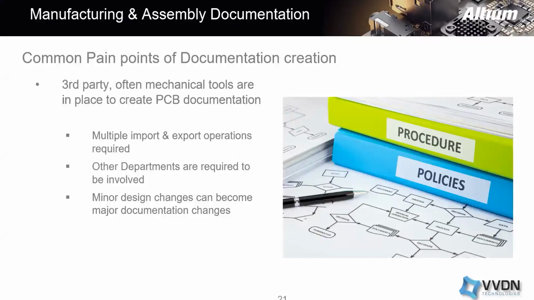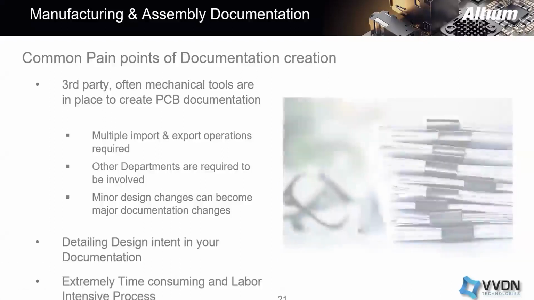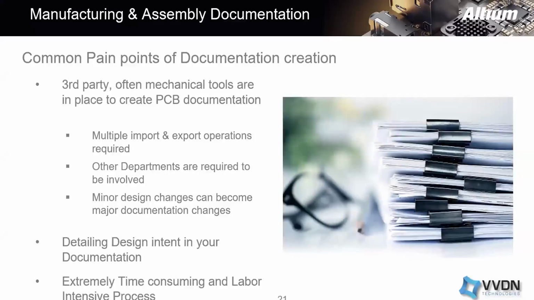For this documentation, multiple import and export operations are required, right? So we can involve a single toolchain, without going for any third-party tools; within a single toolchain we can do our PCB documentation.